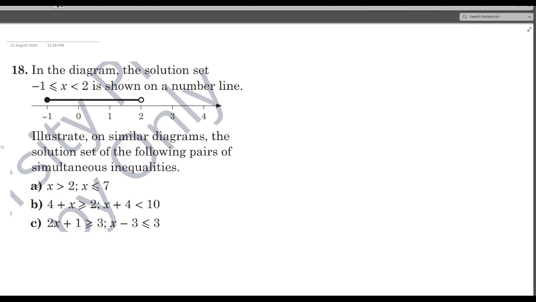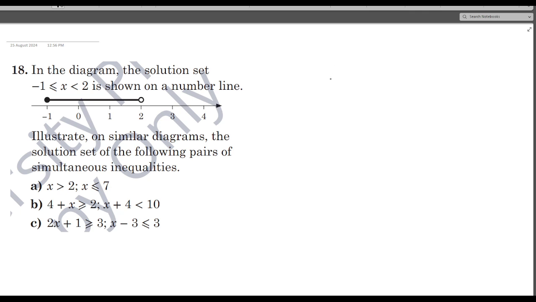So x greater than 2 and x less than or equal to 7. So first, now, whether we have to consider both together. Illustrate on a similar diagram the solution set of the following pair of simultaneous inequalities.